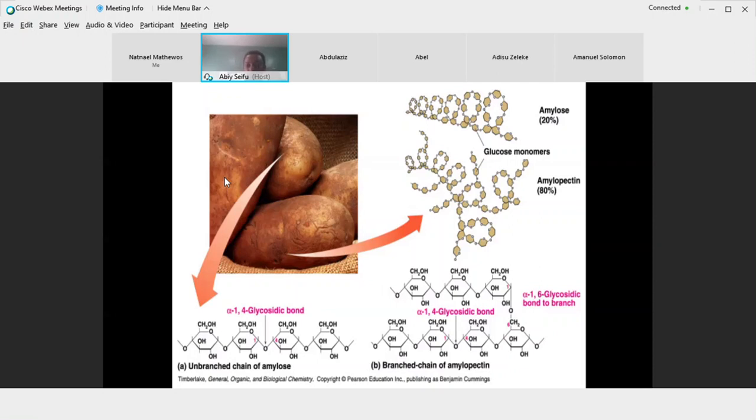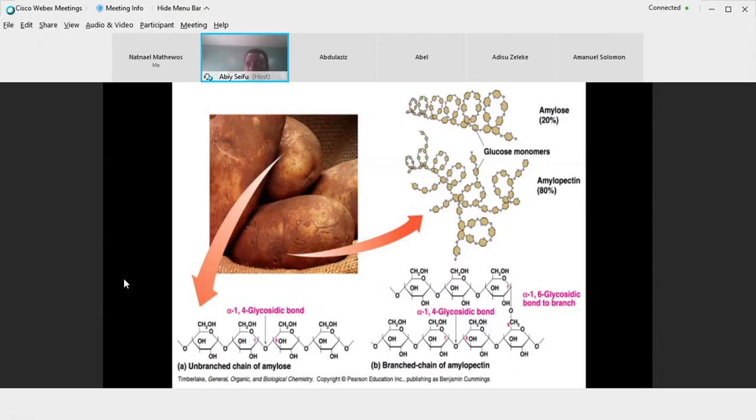That is called amylopectin. It accounts for 80% of it, whereas 20% or less is named amylose, which is a straight chain. And in the case of amylopectin, this is the branched part of starch.